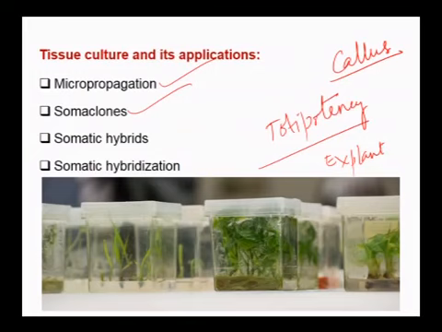Somatic hybrids are hybrid plants obtained by combining two somatic cells from different species or different genera through a technique called somatic hybridization.